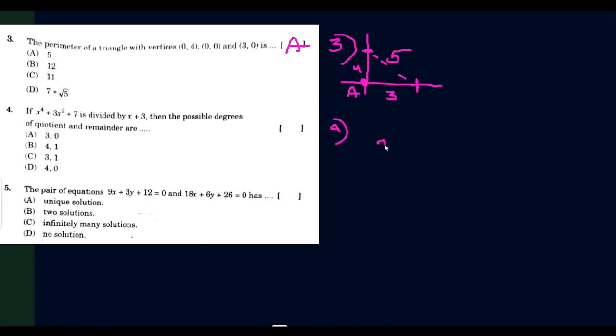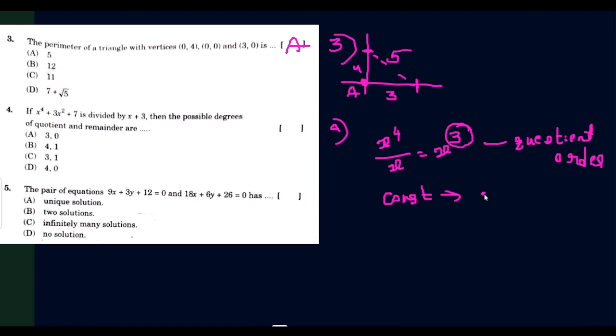If we divide x power 4 with x, then the power will be x cube, right? So this becomes the quotient. 3 is the quotient order. And the remainder is always a constant. We always divide a number till we get a constant, and for a constant, anyway, power is 0. So the answer is 3, 0. So that is A.